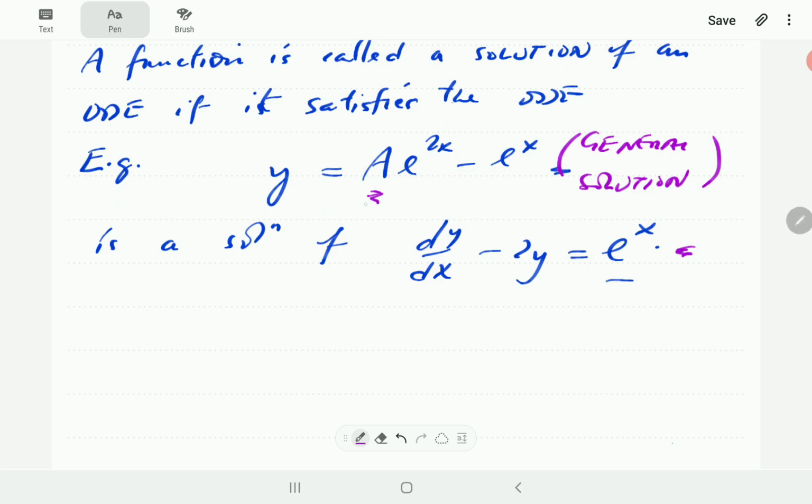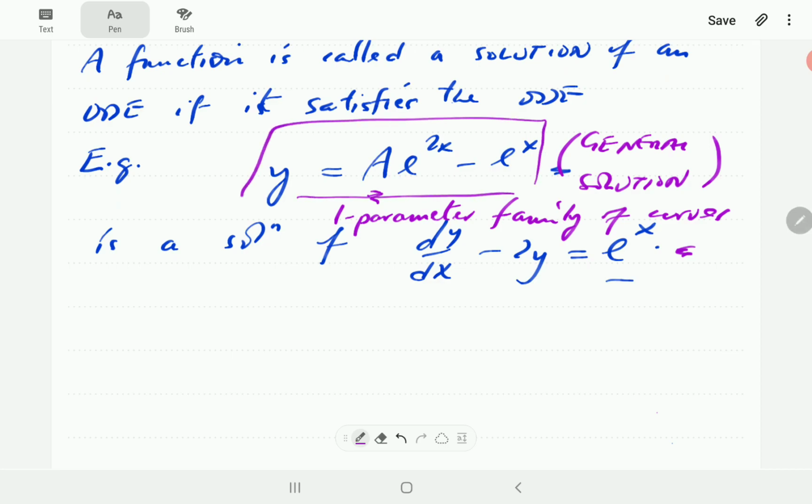So this one in particular, because it's got only one constant, is called a one parameter family of curves. For each value of a, we're going to have a curve corresponding to the solution here.